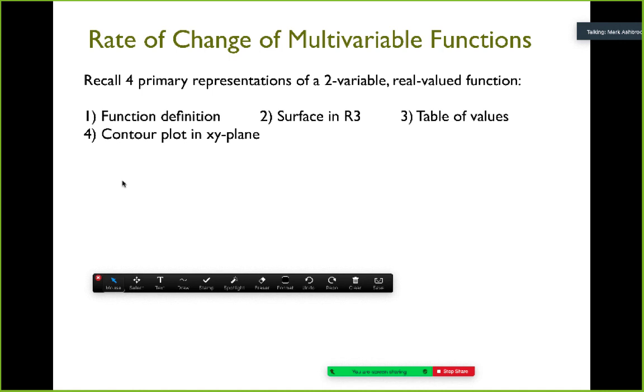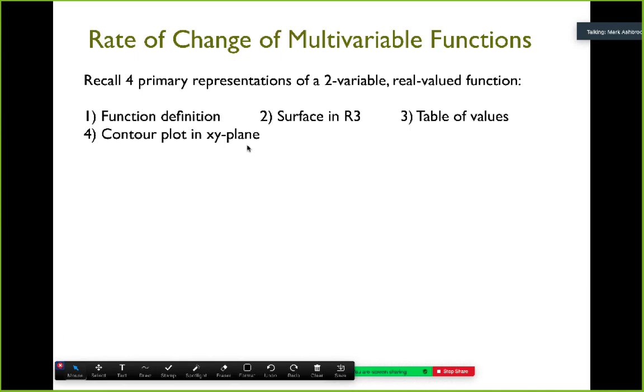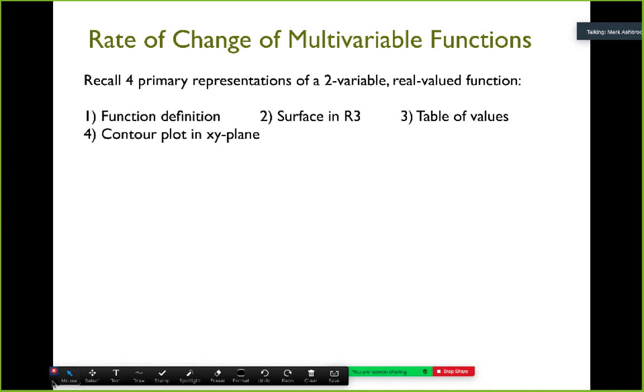When we have the function as a formula, what will that mean for generating the partial derivatives? But then also we're going to spend some time interpreting the meaning of values of the partial derivative, because that's difficult and that's important. And then hopefully by the end, we'll see if we get time. I don't know if we'll have time to talk about partial derivatives in the mode of surfaces, but I don't think we will, but we'll do our best. All right, so function definition.